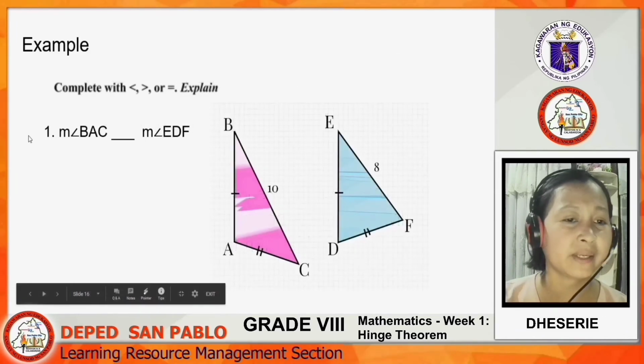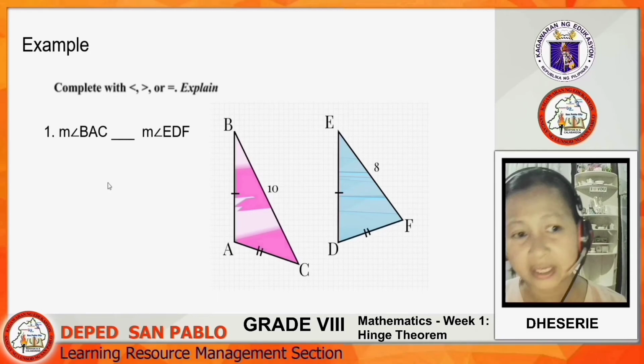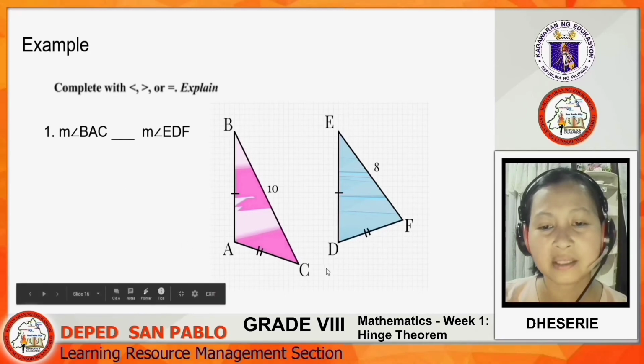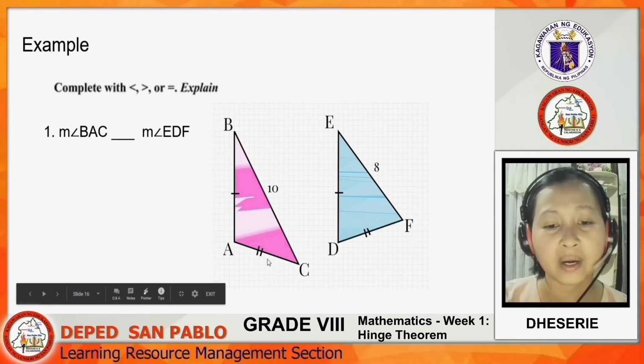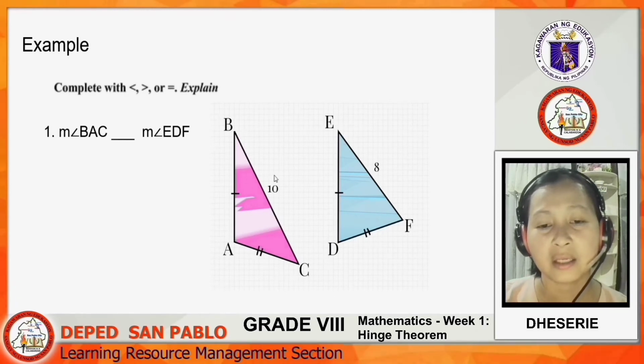So let's have some examples. Again, you're going to use less than, greater than, or equal to. So you have triangle ABC and triangle DEF. The given is, you have here two congruent sides which are equal, and then you have the third side, BC measures 10, and then EF measures 8. Which one is longer?